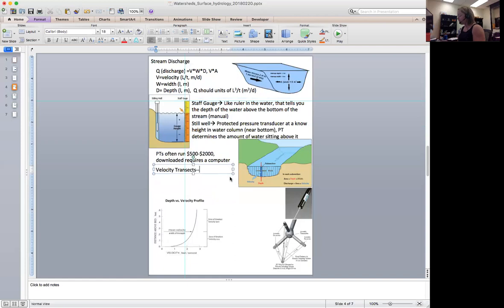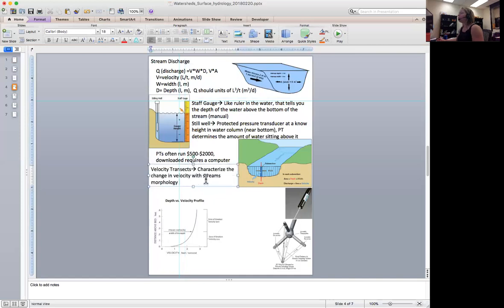And we do them because we want to quantify or characterize the change in velocity as we move across the stream, or with the stream's morphology, right? It's actual physical characteristics.